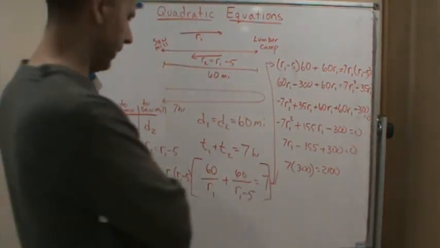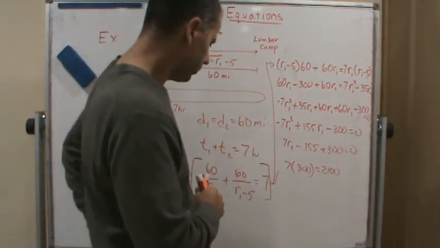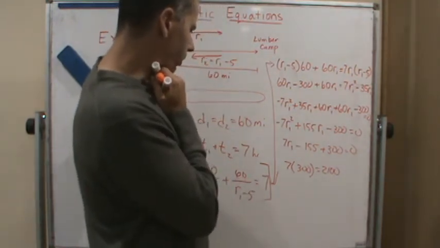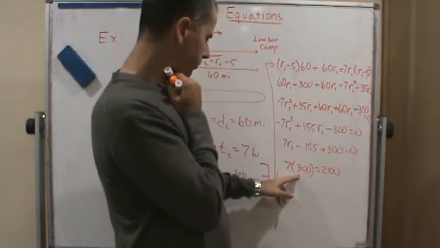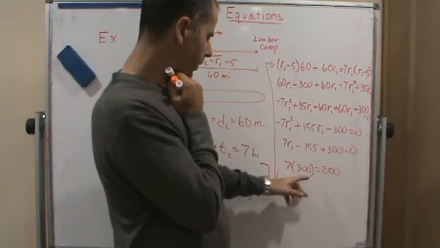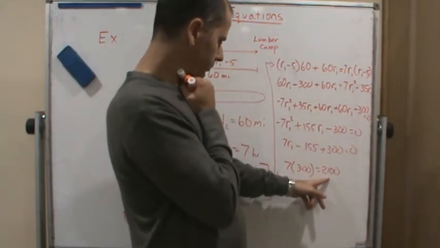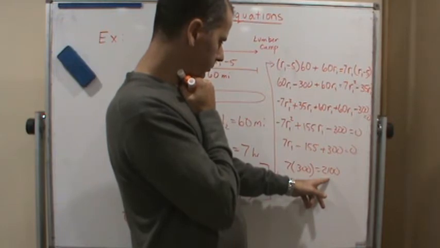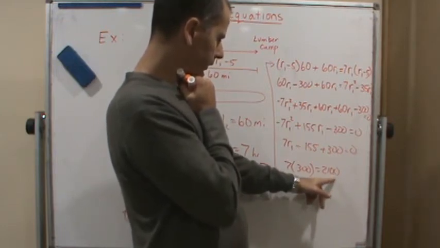Oh, of course I don't have my calculator with me. Okay, so let's think about this for a second. Okay, so 2100. So 42 and 50. Let's see here.